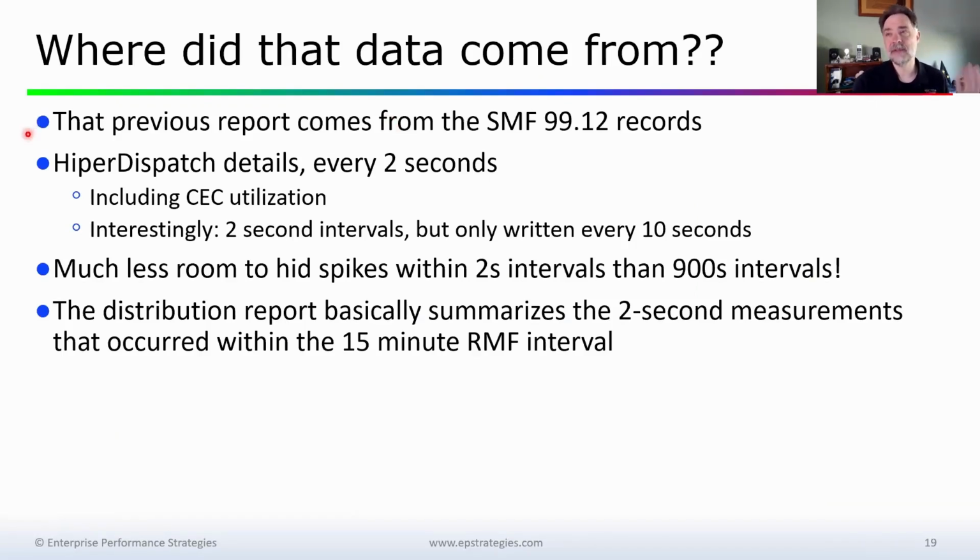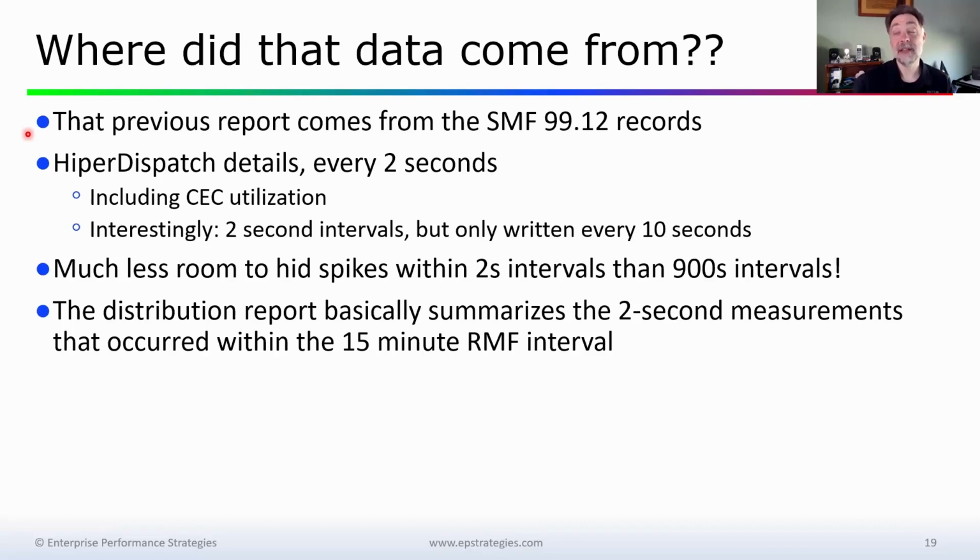That previous report comes from the SMF 99 subtype 12 data. That data is the hyperdispatch detail data, which is cut every 2 seconds. And this data happens to include the CAC utilization. Now, we have 2-second intervals here; the records actually are only written every 10 seconds.